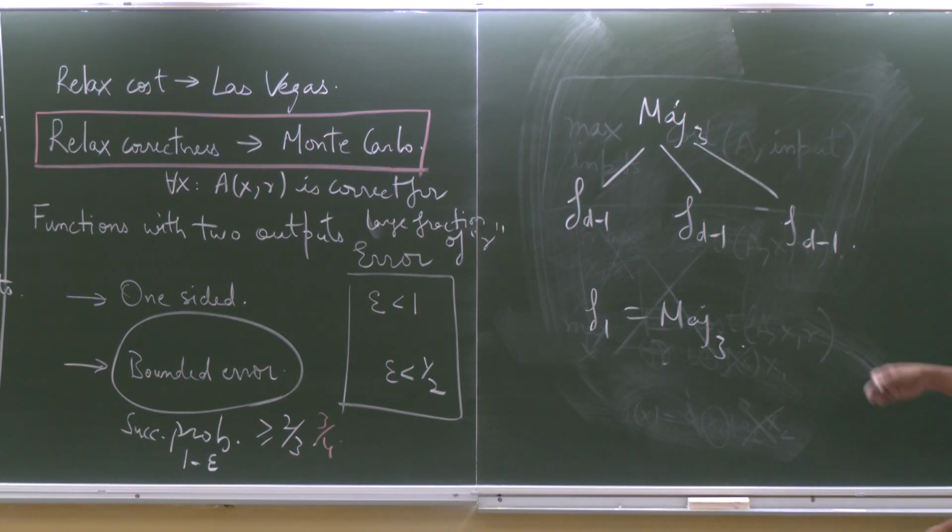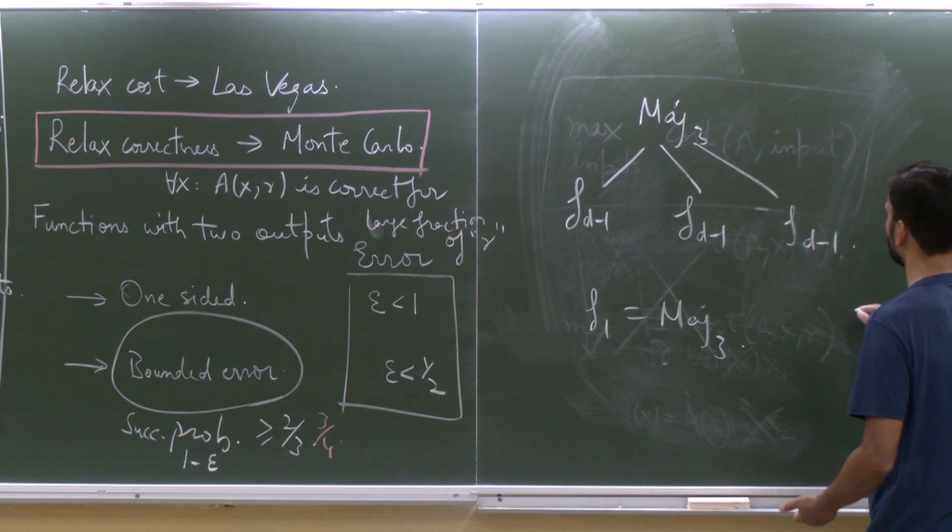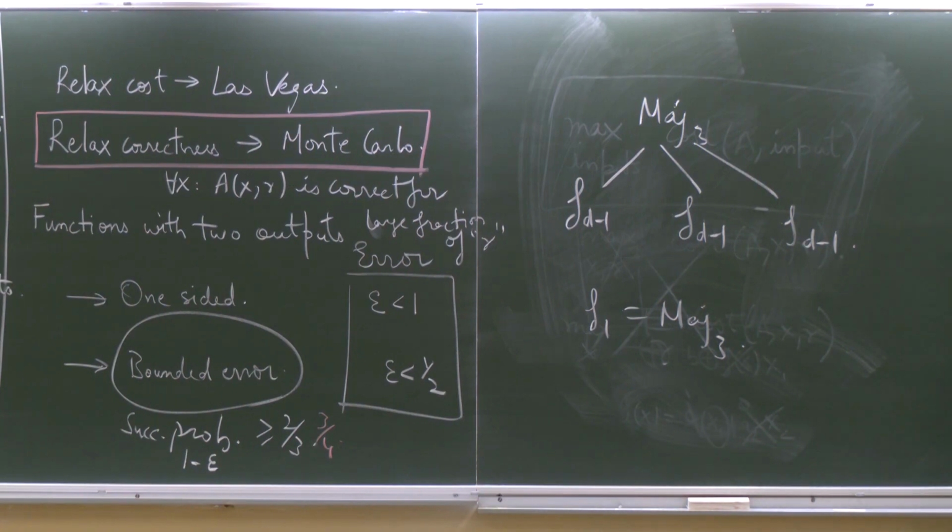What are we doing? How many inputs are there for F2? 9, right? What will happen for F2?